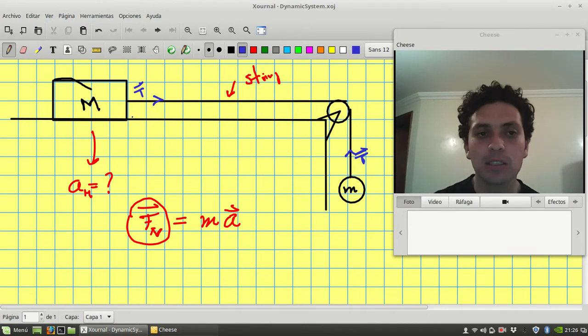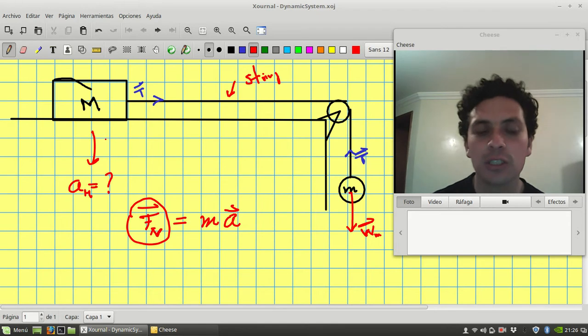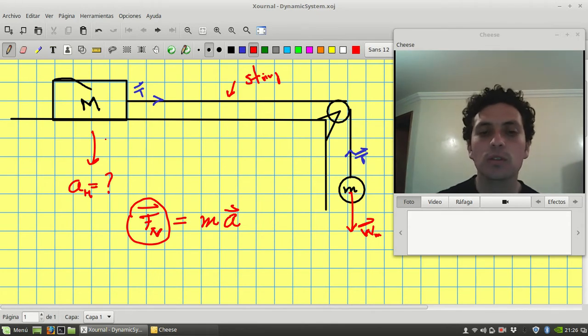So the external forces of the system will be first the weight of this mass, and maybe friction. But we're going to suppose that there's a frictionless surface. So in this case, we're taking into account only the external force, the weight.